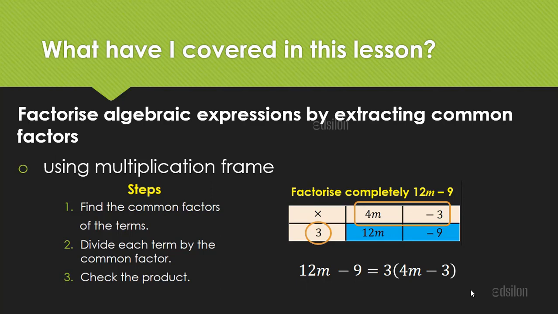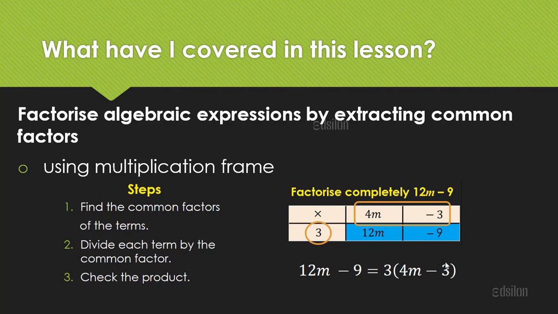How do we know we factorized 12m minus 9 correctly? Let's check the product. 3 times 4m gives 12m, and we also see that 3 times negative 3 gives negative 9. Now, this corresponds to distributing 3 to 4m and to negative 3 in the expansion process.